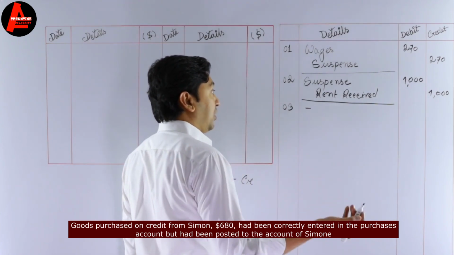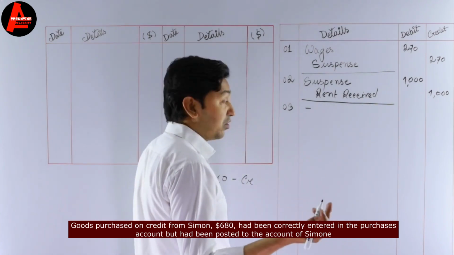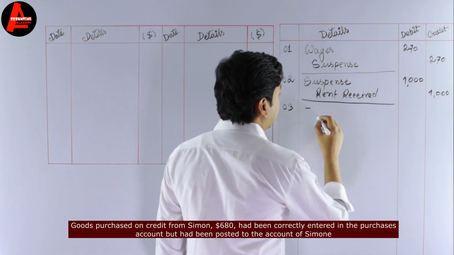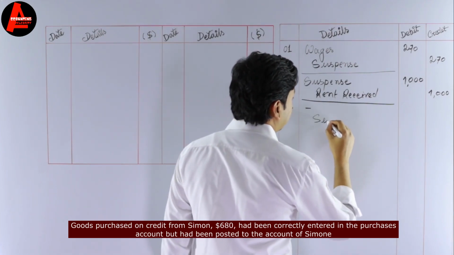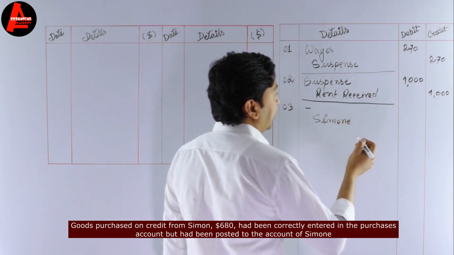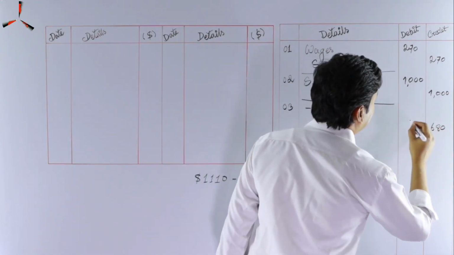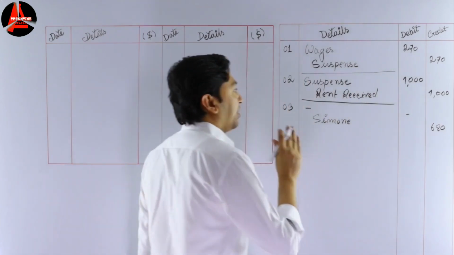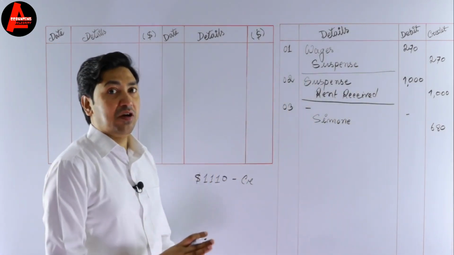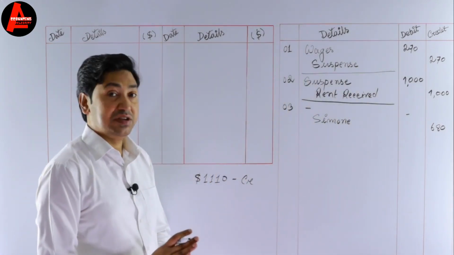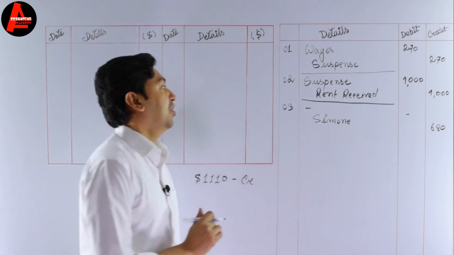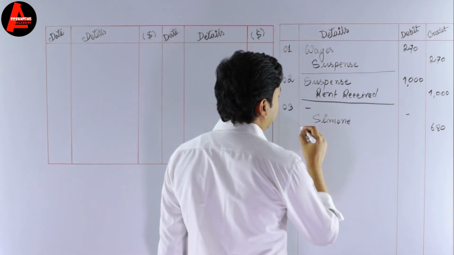But now we will rectify the account for Simone, so we will write Simone on the credit side, $680. We will not write any value on the debit because the debit account, which is purchase, is completely correct. Okay, so let us close this account.